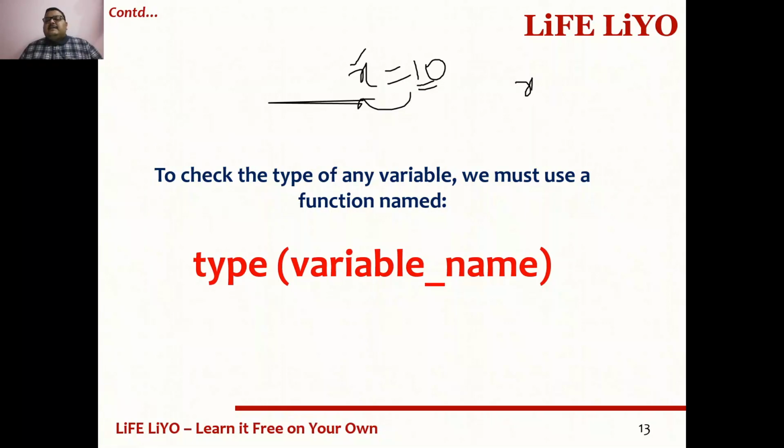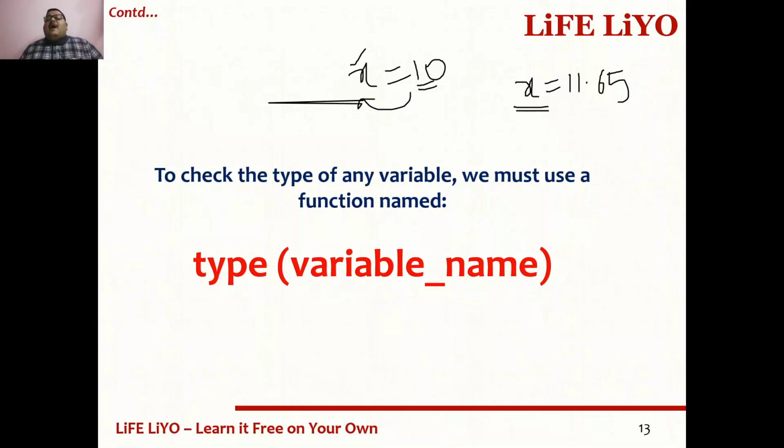Or if you store x equal to 11.65, 11.65 is a float, so x is automatically allocated the type float. Python allocates automatically, which is why it is called a dynamically typed language.